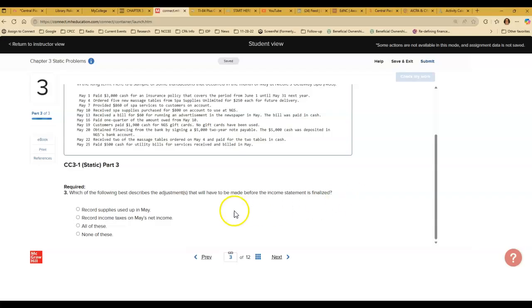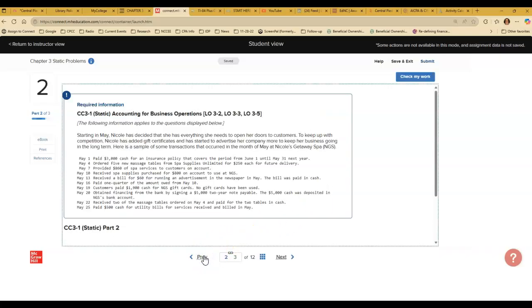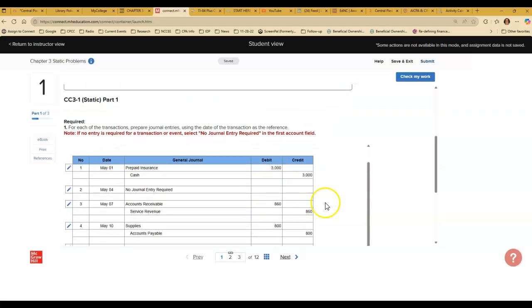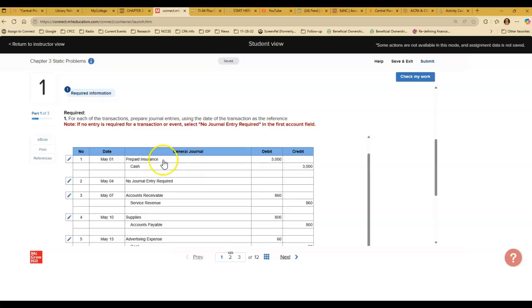Which of the following best describes the adjustments that will have to be made before the income statement is finalized? Now, this is a little bit of foreshadowing into Chapter 4, but let's go back to Part 1. All right? Look at Journal Entry 1. You remember?